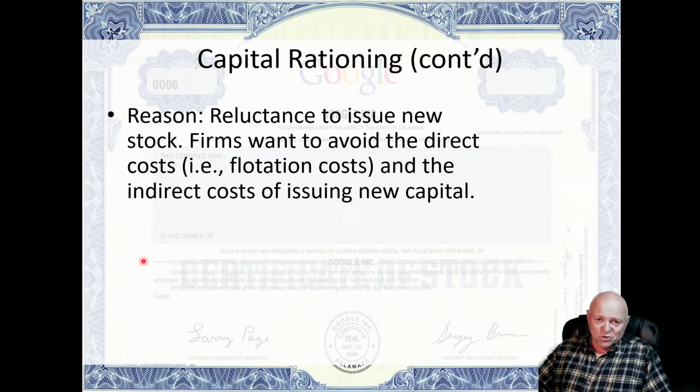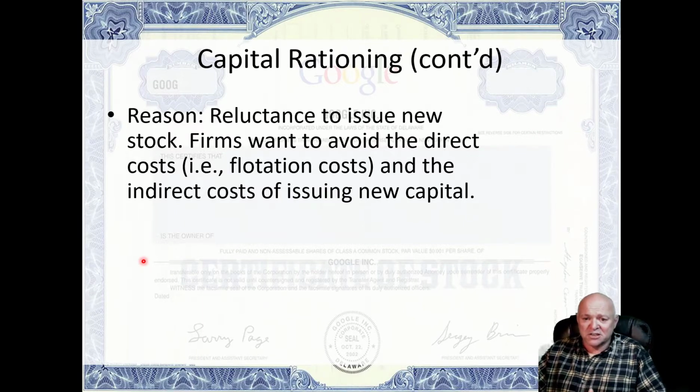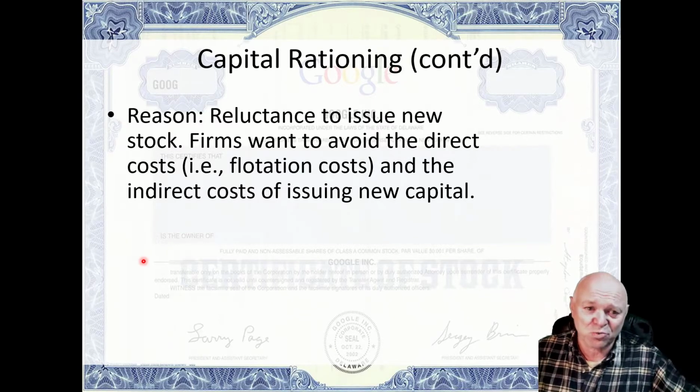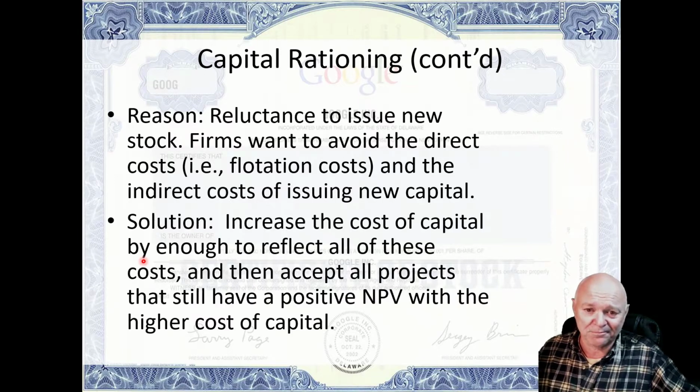We don't want to issue new stock because we have flotation costs, and also it's going to possibly result in dilution. It will result in our share prices falling, and remember, our managers are often compensated with stock options. So if new projects create shareholder value but make the managers worse off, we've actually got an interesting agency problem.